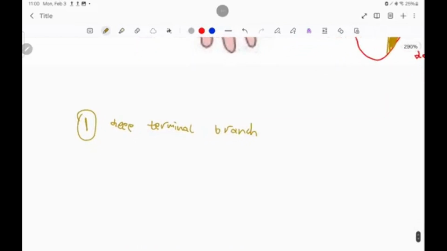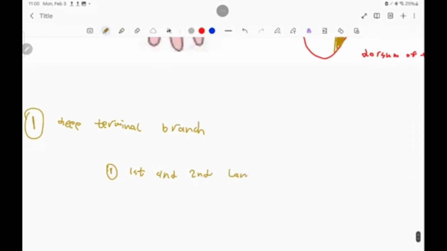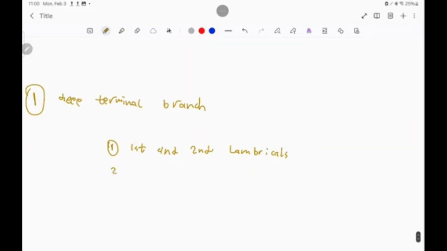It supplies number one, first and second lumbricals. Number two, the three thenar muscles.